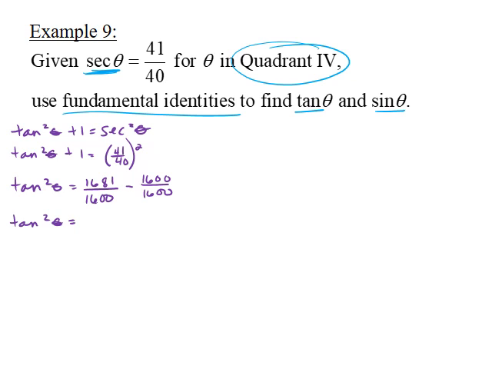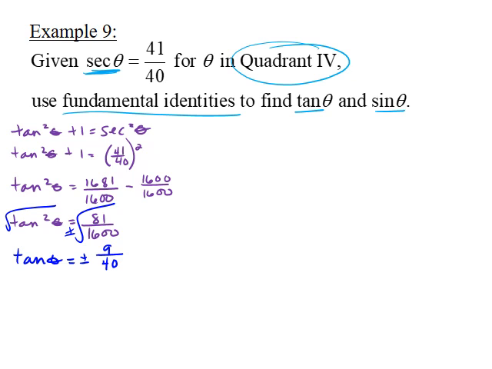This gives me 81 over 1600. I'm then going to take the square root of both sides, make sure I have plus or minus. So tangent of theta is plus or minus 9 over 40.